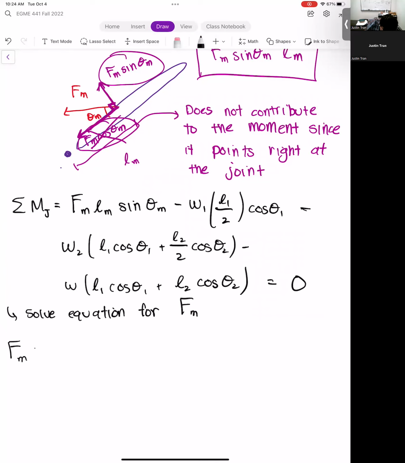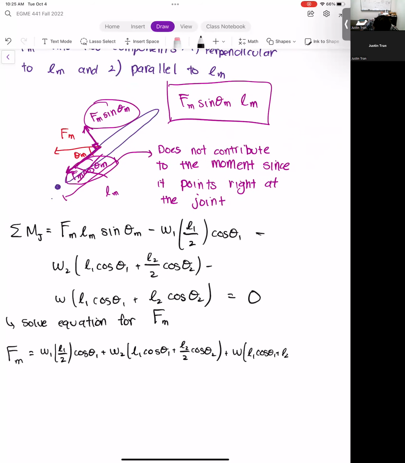Okay, and so FM is equal to, all of the minus sign entries here, we're going to move to the right-hand side of the equation. So we have W1, L1 divided by 2 cosine theta 1 plus W2, L1 cosine theta 1 plus L2 divided by 2 cosine theta 2 plus W L1 cosine theta 1 plus L2 cosine theta 2.